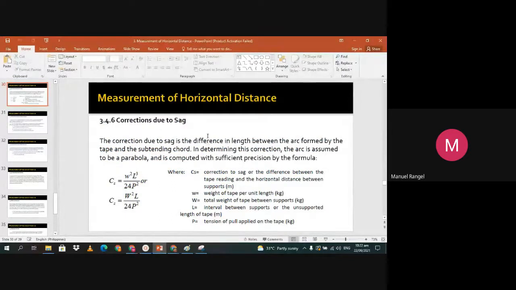The correction due to sag is the difference in length between the arc formed by the tape and the subtending chord. So in determining this correction, the arc is assumed to be a parabola. So always assume a parabola, and it is computed with sufficient precision by the formula.